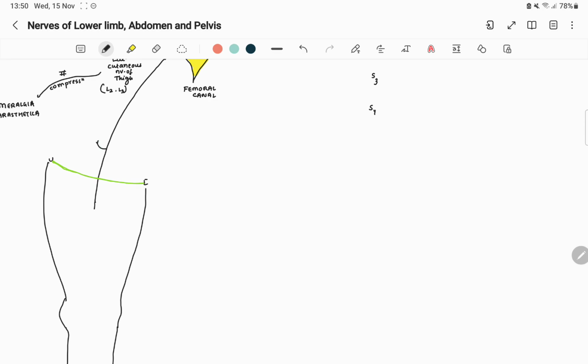The trunk of the femoral nerve will give a branch to a muscle called the iliacus. Another branch is to the psoas major.